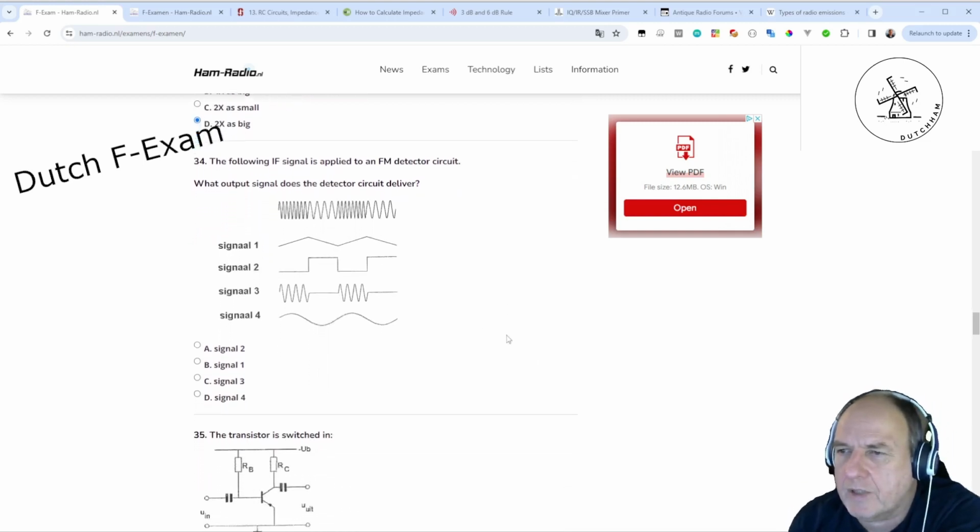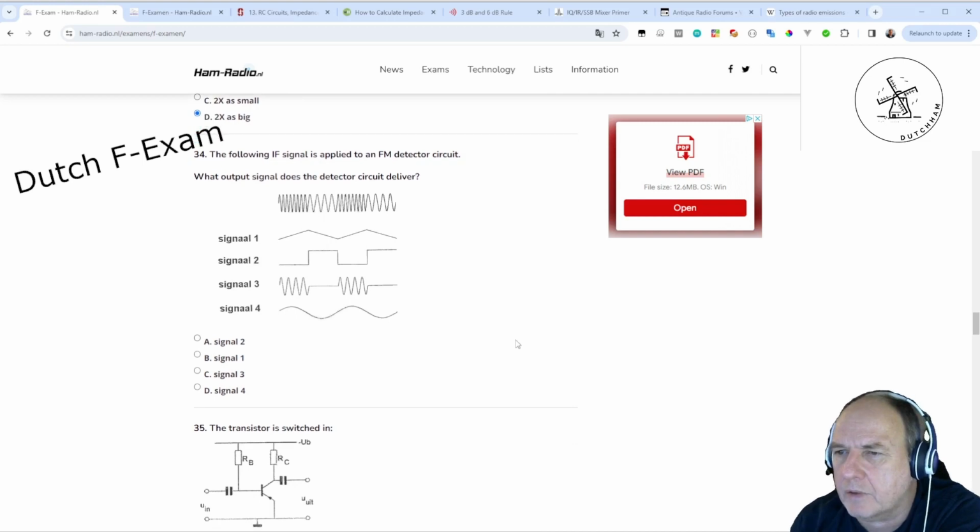34. The following IF signal is applied to an FM detector circuit. What output signal does the detector circuit give? And when I look at the waveform, it's more like an on-off.